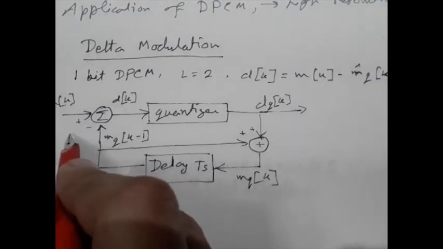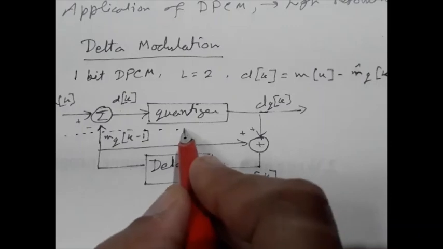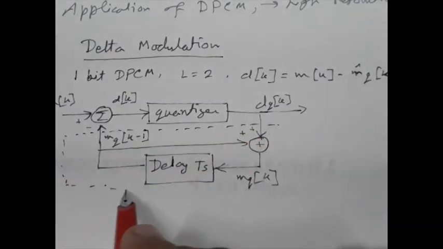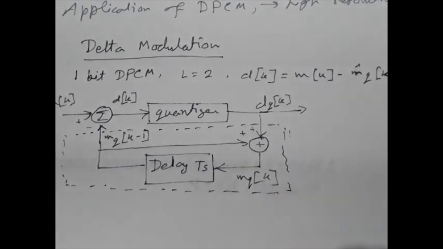and just like DPCM, this portion will be the receiver portion.